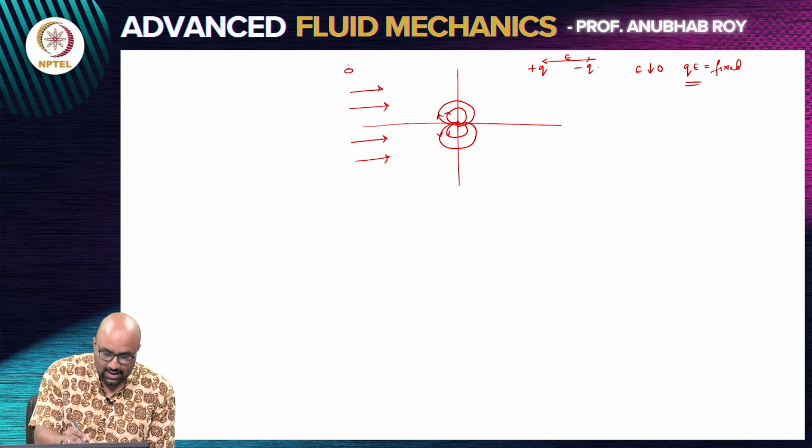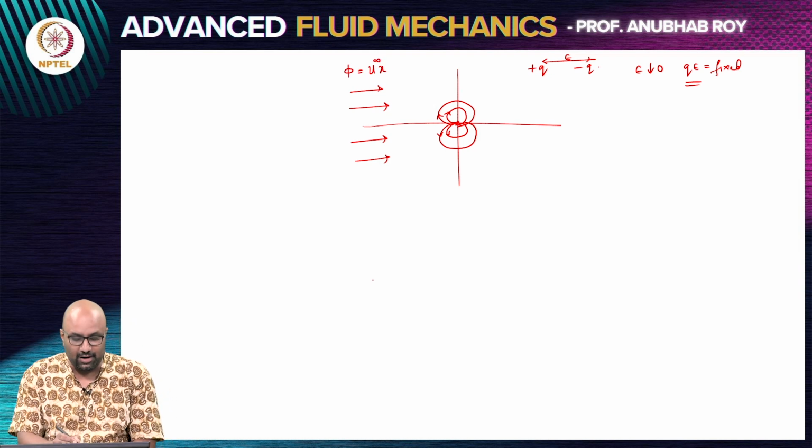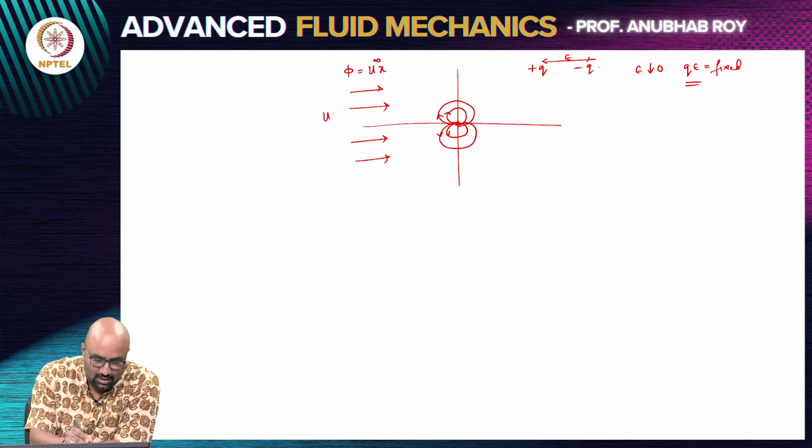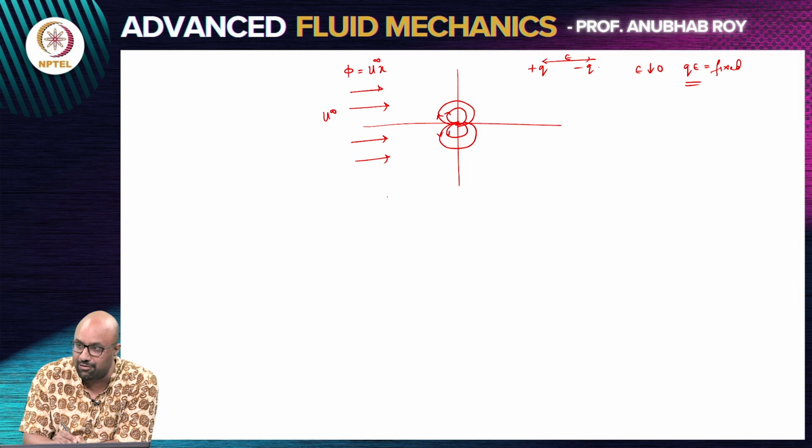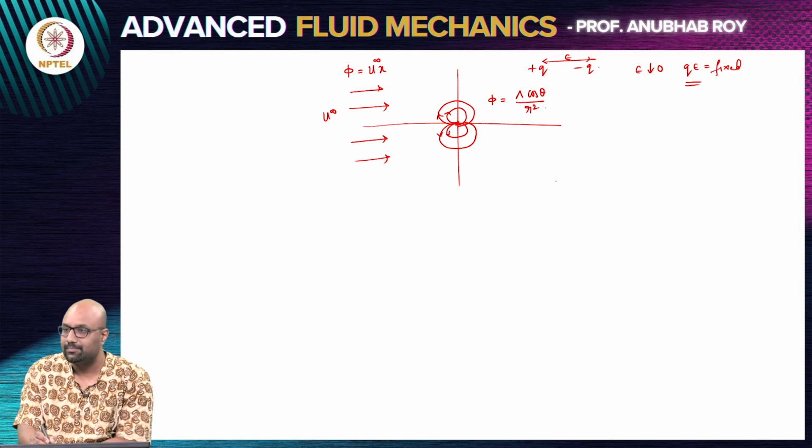So, this has a potential that is u times x. I will consider this to be an imposed flow. So, I will put an infinity there, saying this is a stream that is coming from infinity, from left going towards right, that is u infinity. And here I have a dipole which is lambda cosine theta by r.